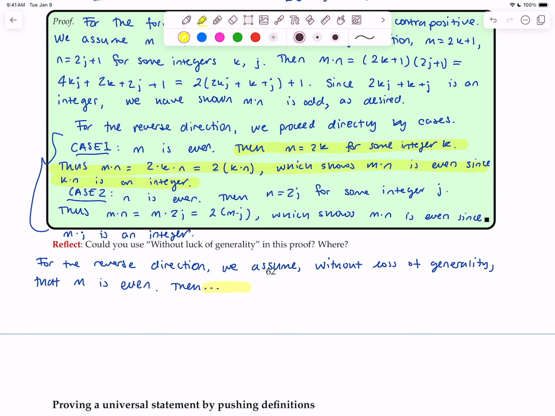If you're ever in doubt, a really good thing to do is write out the two cases or go through them in your mind and ask yourself, if I just replace an x with a y or a k with a j, can I write the exact same thing with the exact same words, the exact same equations? If the answer is yes, there's a good chance that you can use without loss of generality. If the answer is no, you better write out all the details.